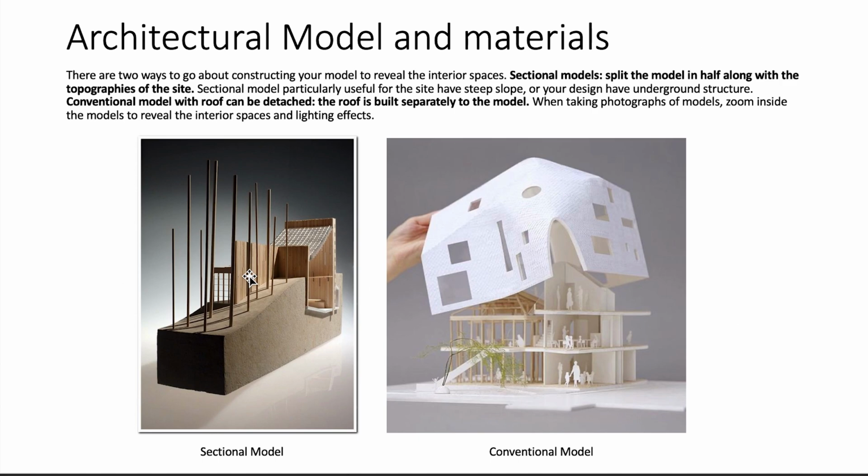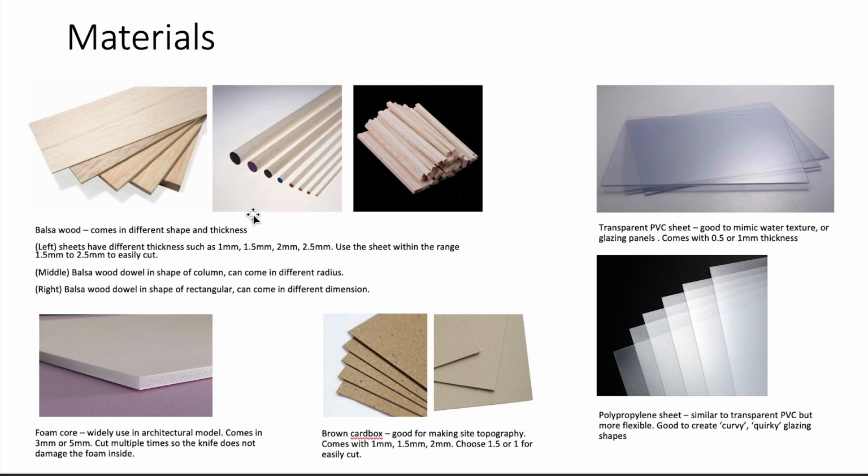So with the materials, these are some of the most common materials, and I've found them easy to work with. The first one is balsa wood. It's very crisp, and it comes in different shapes and thicknesses. The thickness ranges from 1 millimeter to 3 millimeters, but use sheets of 1.5 to 2.5 millimeters, which are easier to cut.